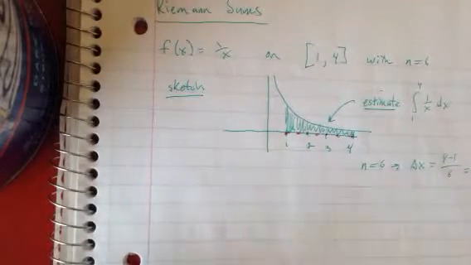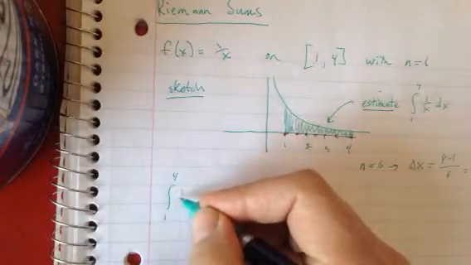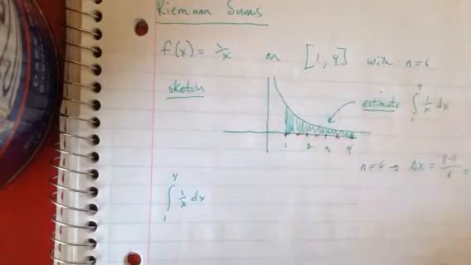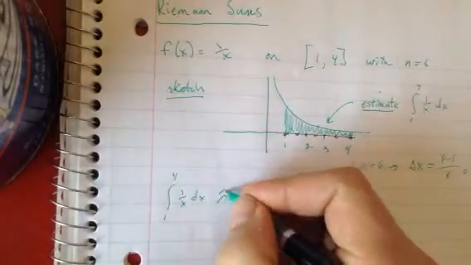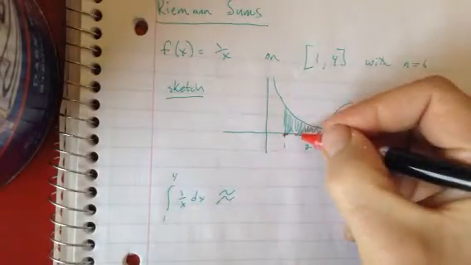So this area is going to be approximately equal to, let's take the first one. I'm going to use right endpoints.